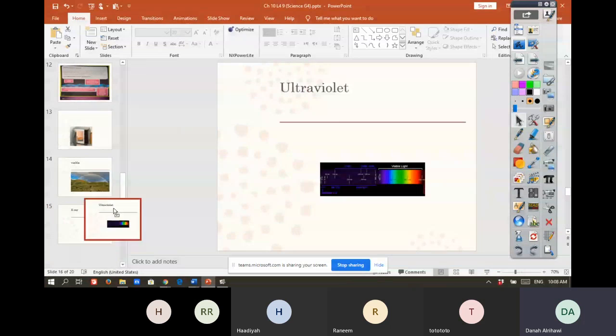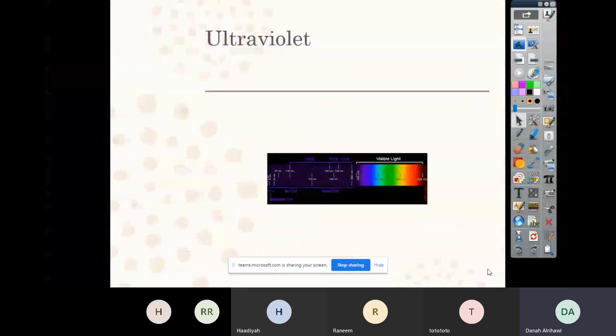We say that we have the ultraviolet. Here red, it must be upside down, okay? The red is on the left, coming until I reach the violet, and here I have the ultraviolet. Actually, the ultraviolet is very harmful. It can cause sunburn.